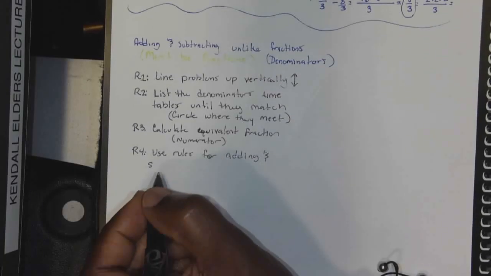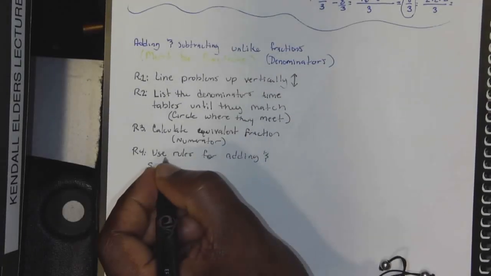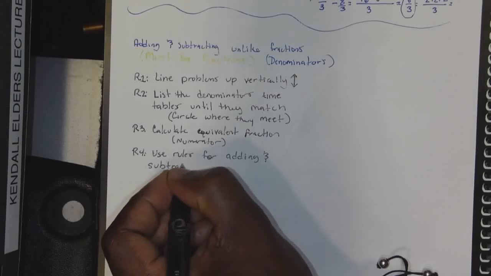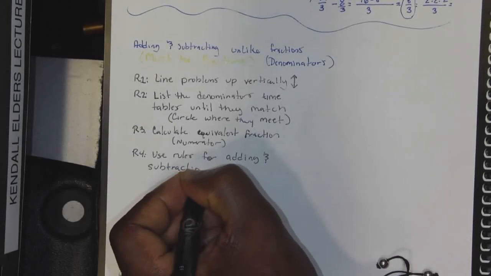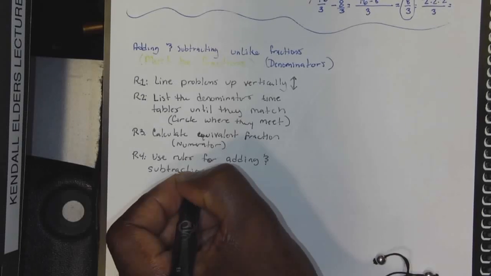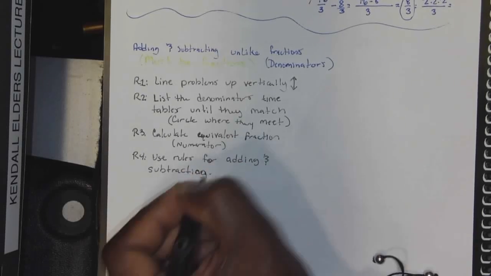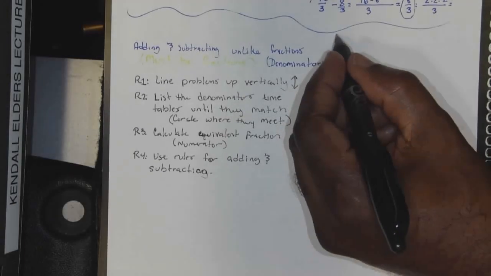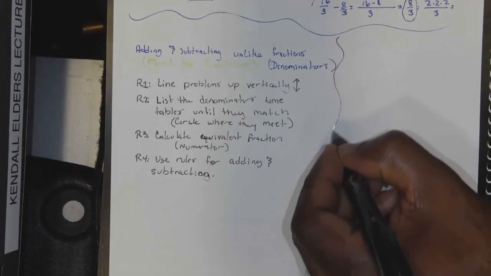Numerator. Right here? Yeah, use the rules for adding and subtracting. Instead of us writing them all over again, we're just going to use the rules we got right here. Alright? And I should have said subtracting. Let's fix that, subtracting. Alright, we got 4 rules this time. Let's practice. This was going to take us a little bit longer, but it's fine.